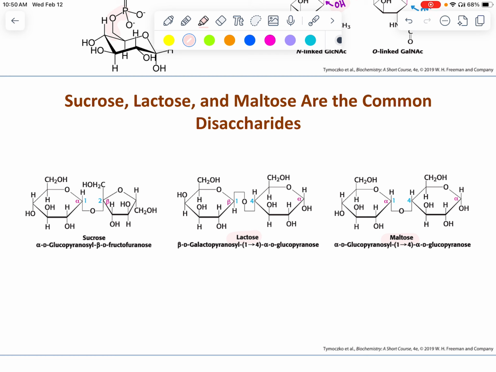Now, when I identify my anomeric carbon in both, here's my anomeric carbon in the first one, and here's my anomeric carbon in the second one. So this linkage is like head to tail, the anomeric carbon of one to the opposite side of the other.